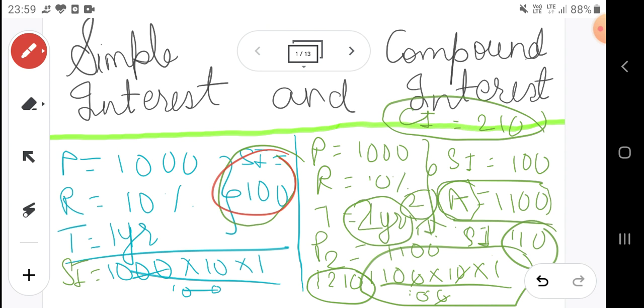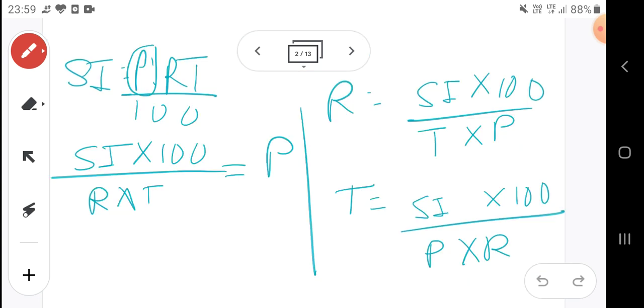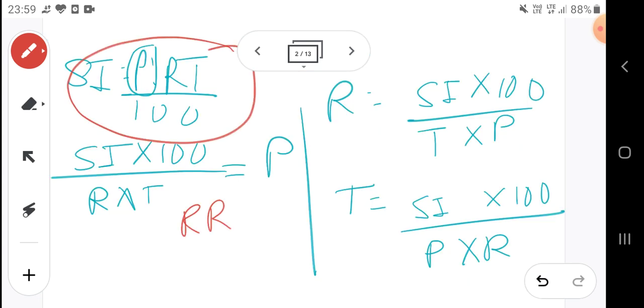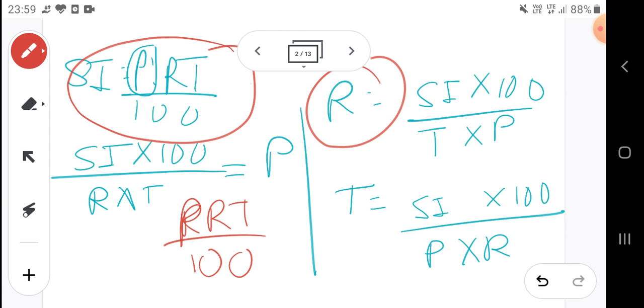Simple interest means profit is not too much, and in compound interest profit is too much. Then we have seen how to find the simple interest: PRT upon 100. By this formula only we can derive three more formulas to find principal, rate and time.